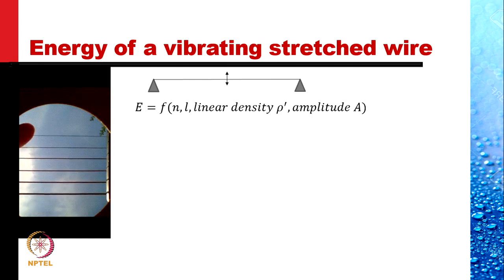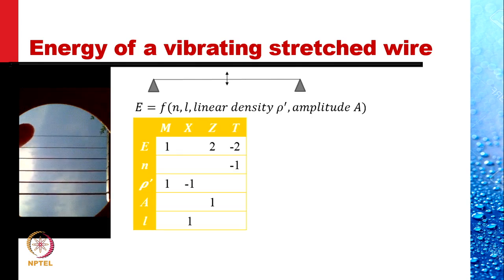Energy of a vibrating stretched wire. Stretched wires, like the strings of a guitar, vibrate when plucked. The energy of these vibrating wires will depend upon the frequency n at which they are vibrating, the length L of the string, the linear density rho prime, that is the mass per unit length, and the amplitude A of the transverse vibrations.